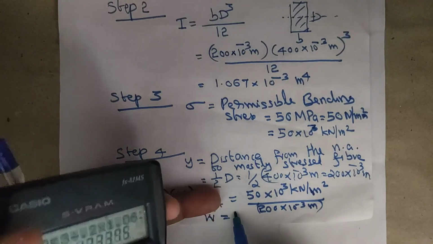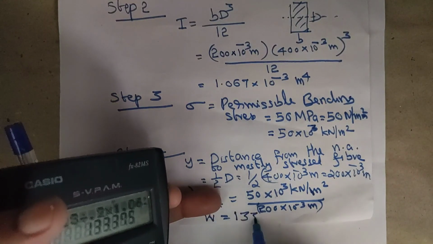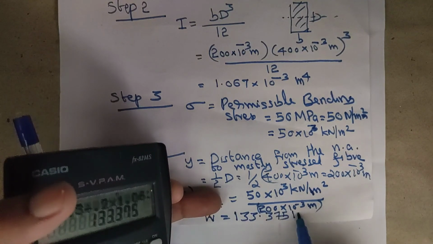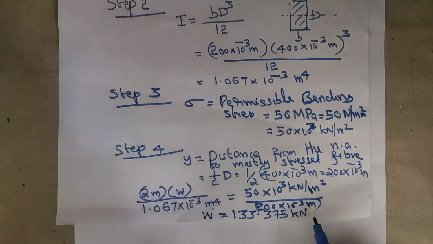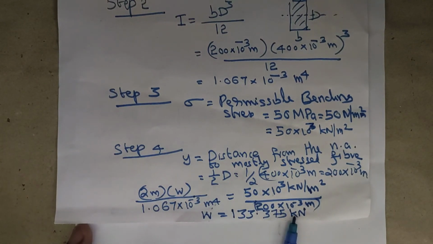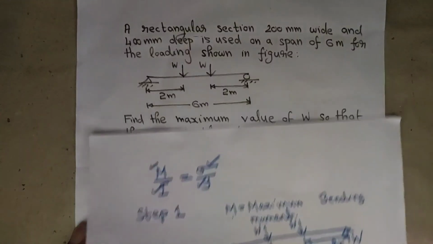So the answer is 133.375, and the unit will be kilonewton. So the value of load that can be placed is 133.375 kilonewton. Now let's go back and see the problem statement again.